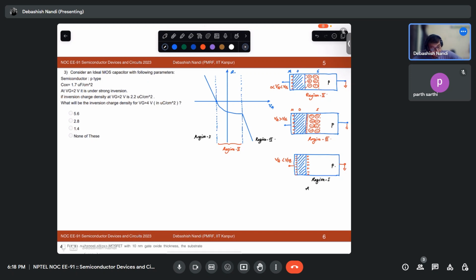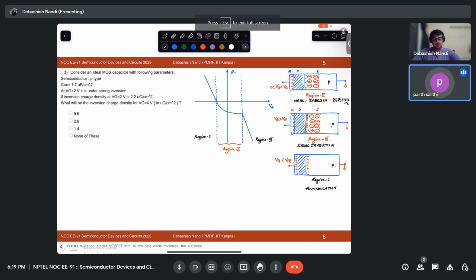This thing is called accumulation, this thing is called inversion or strong inversion, and this is called weak inversion or depletion. So was this discussed in the class?